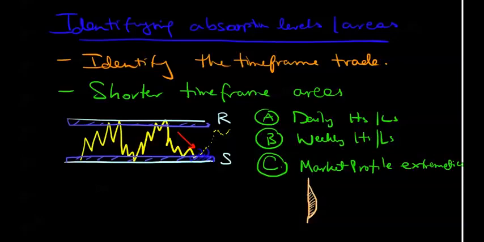In the center here, we'd have our value area. This is our mode or mean in here, and these are our standard deviations. So within this area here is our value area. Potentially you could be looking at absorption areas or trades where buyers are tending to absorb anything outside of the value area.